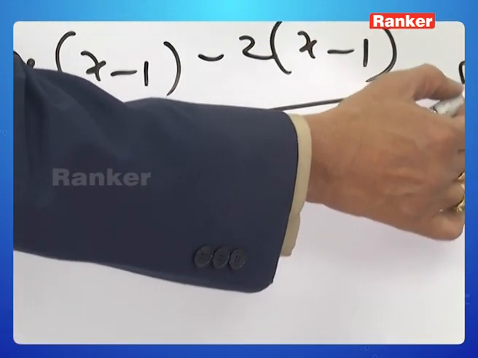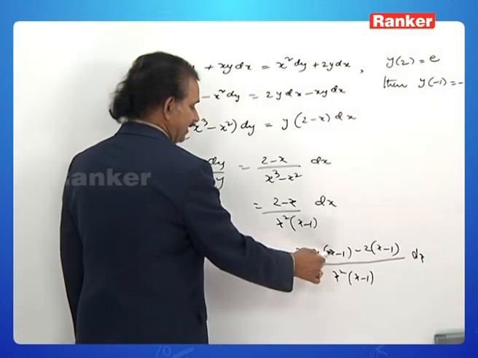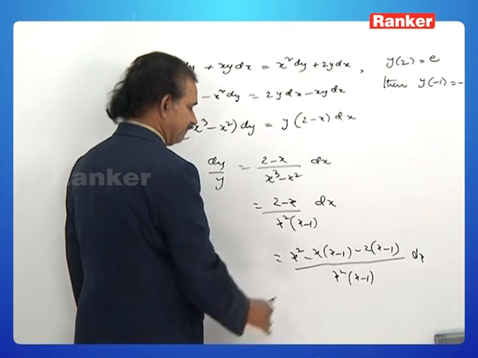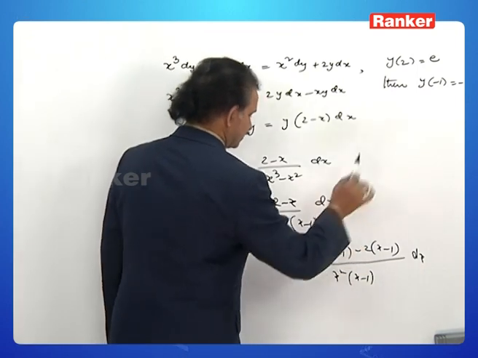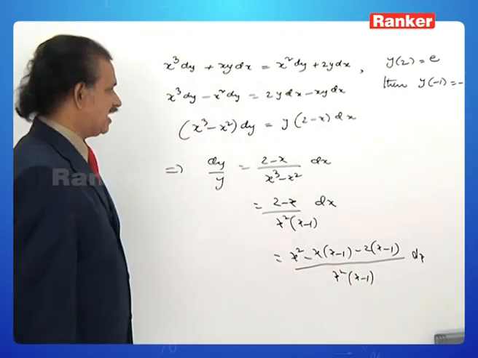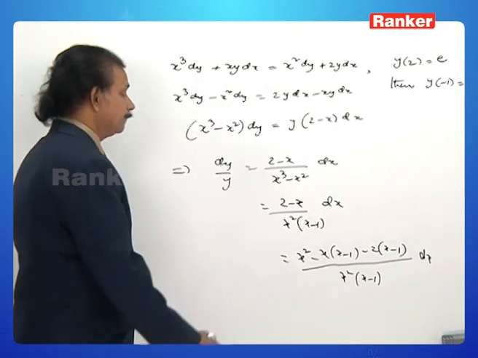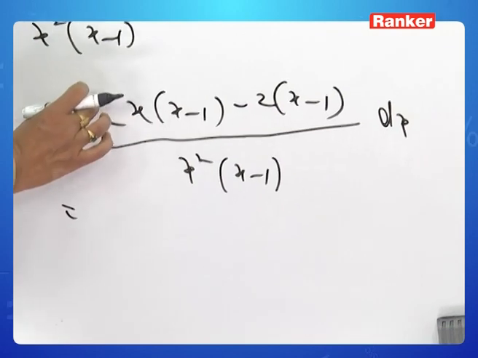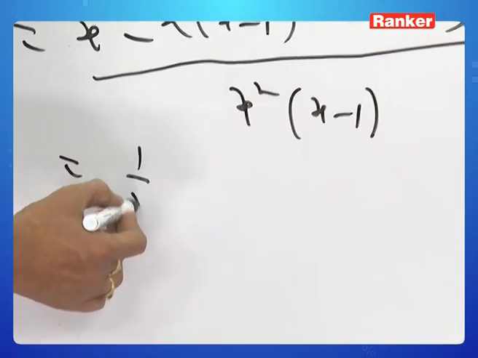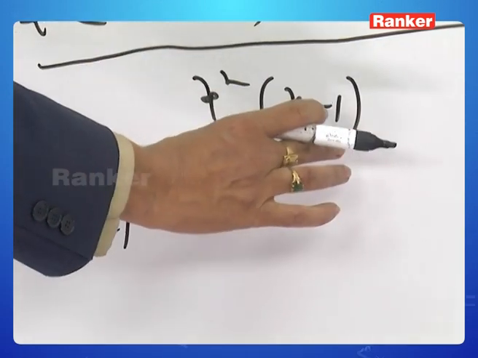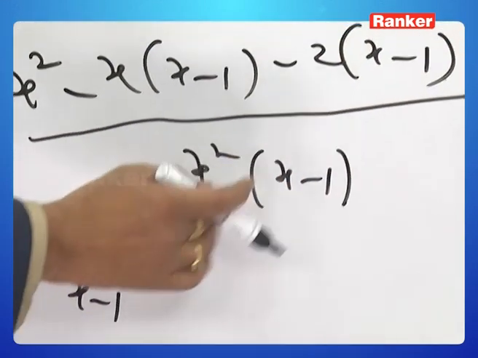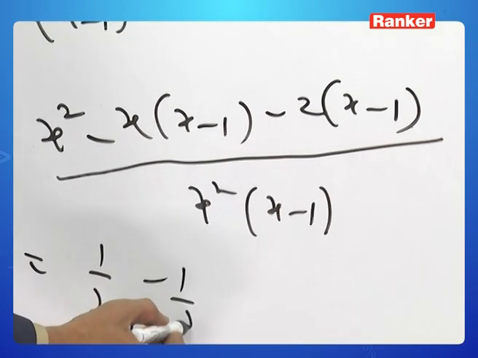Now you observe x square minus x into x minus x square, they go away. Minus x into minus 1 plus x minus 2x is minus x plus 2. This is the right way of splitting it. So that this is equal to x square by denominator 1 by x minus 1. Second term by denominator x minus 1, x minus 1 go away, x by x square is 1 by x.